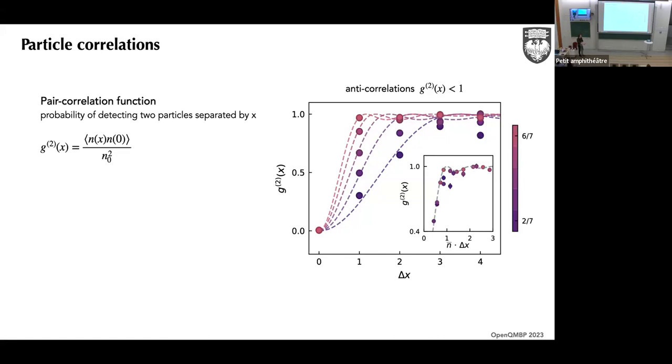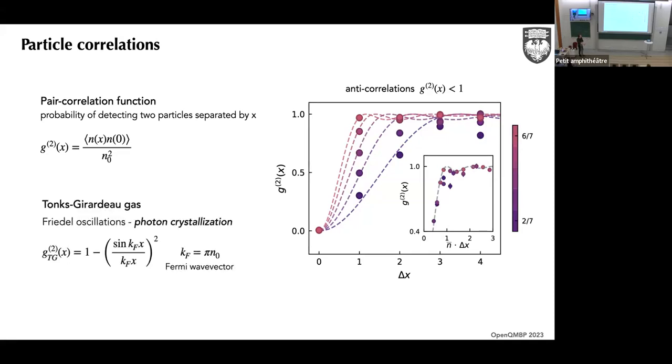It matches nicely this parameter-free model for the Tonks-Girardeau gas, where you can see that you have a region of spatial anti-bunching that scales with the density. That's intuitive because as you put more particles into this fixed volume, the photons have less space to delocalize into. So this anti-correlation region scales inversely with the density.